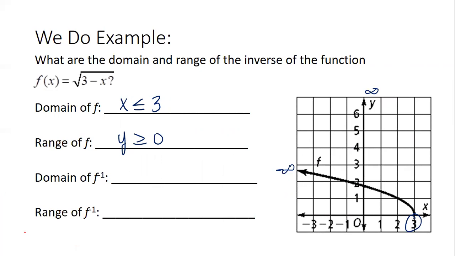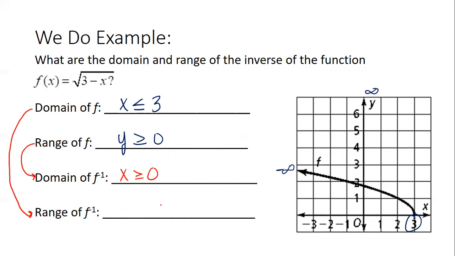And because I have those values, I can say what the domain and range of my inverse would be. That's because the domain of my original function tells me the range of my inverse, and the range of my original function is going to tell me the domain of my inverse. So the domain of my inverse, since domain is x, what is the inequality that it should be?